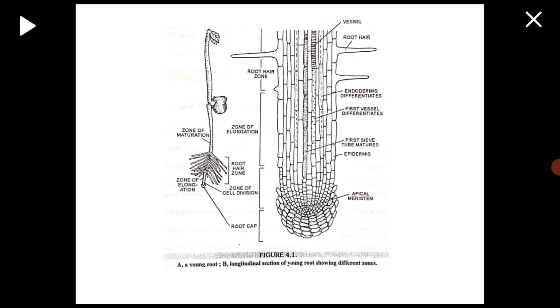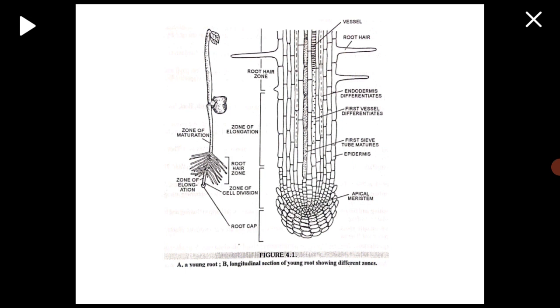The roots possess unicellular root hairs which increase the exposed surface of the roots for the absorption of water. These are the root hairs. Roots are not divided into nodes and internodes. They do not bear leaves, buds, and reproductive organs.